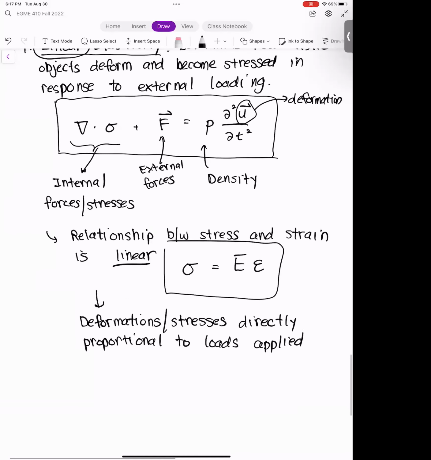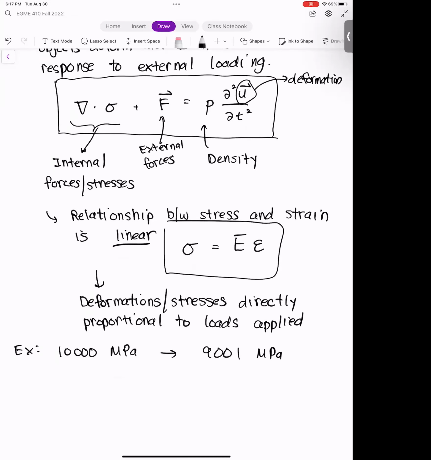I know some of you have already finished the activity and turned it in, so thank you for that. But I think a lot of you noticed that there's one part of the activity where I want you to change the loading from 10,000 megapascals to about 9,000. In reality, it was 9,001 megapascals, but we're going from 10,000 to 9,000. This is about a 10% decrease.